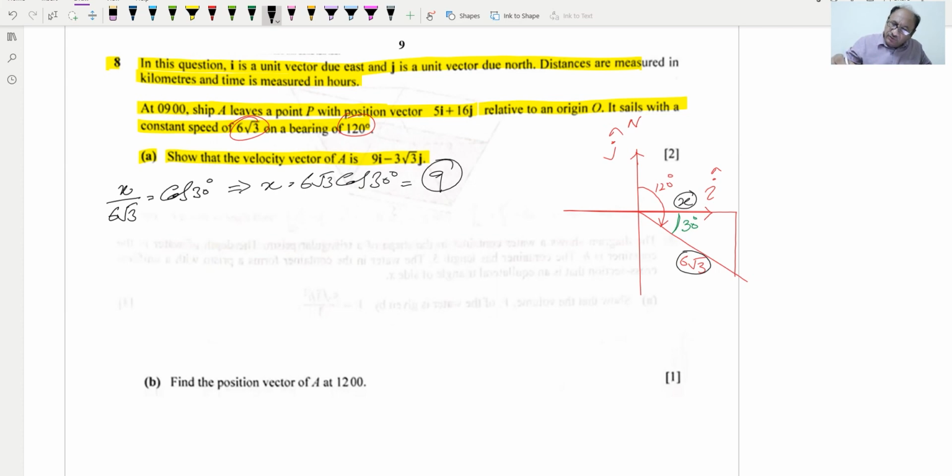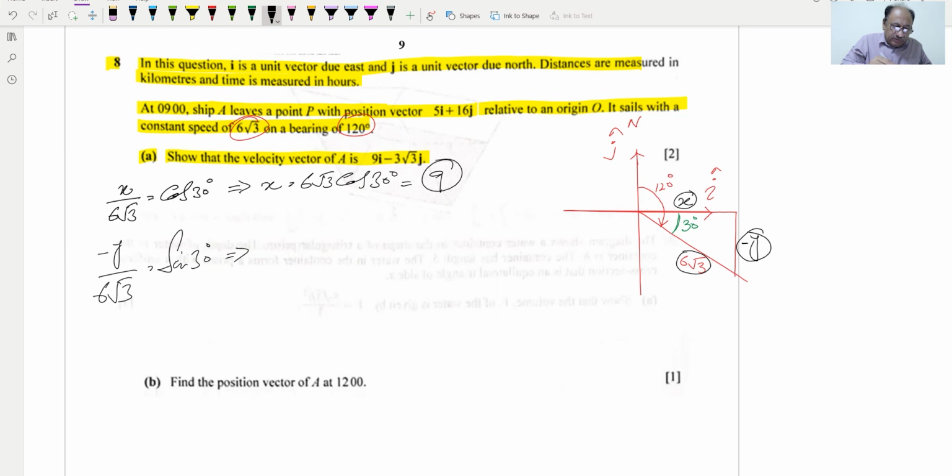Similarly, the y value will be this side. So y will be this side, and this will be negative y. Minus y divided by 6 root 3 will be sine. So minus y over 6 root 3 will be equal to sine of 30 degrees.